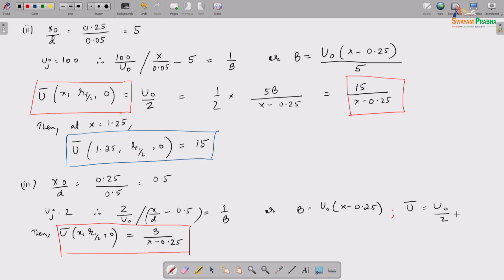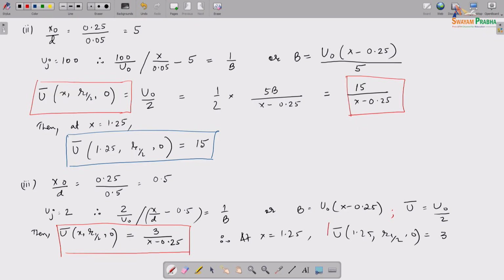Using that, at x is equal to 1.25, u mean at 1.25, r half is equal to 3.